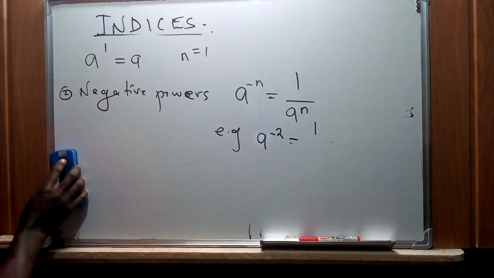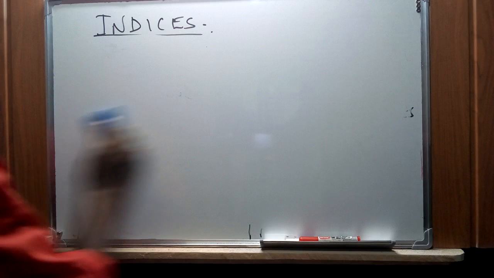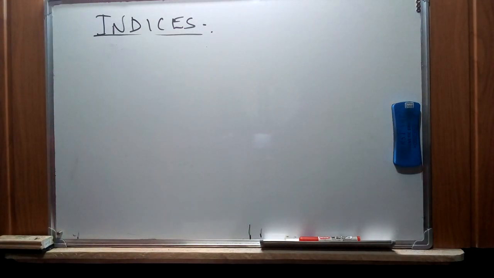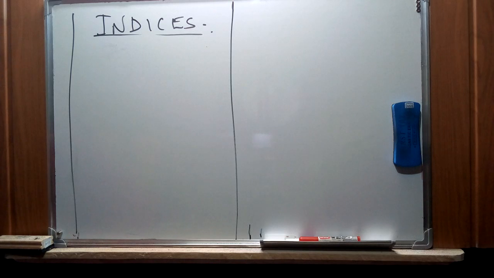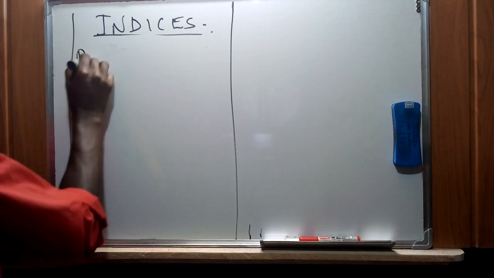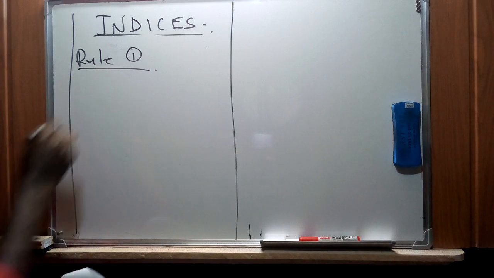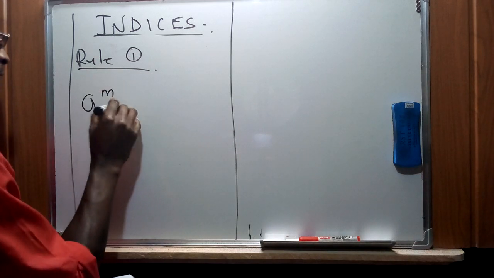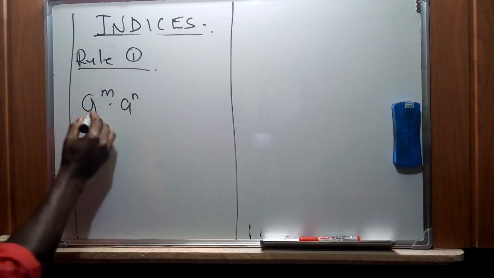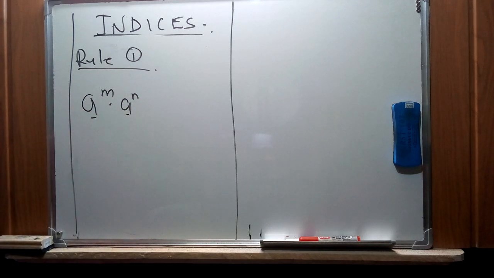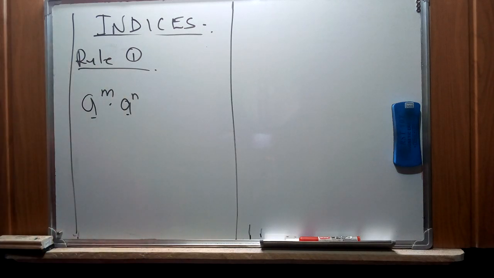Now let's try to look at some specific rules. Suppose we have a raised to power m and a raised to power n. We can see that these variables are the same, but the exponents or the indices are different.